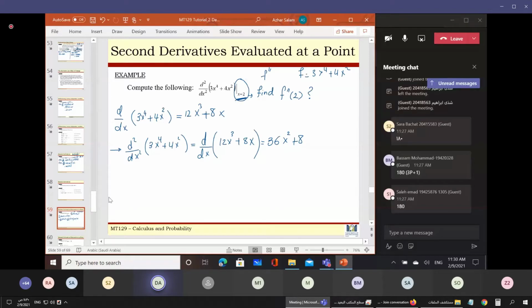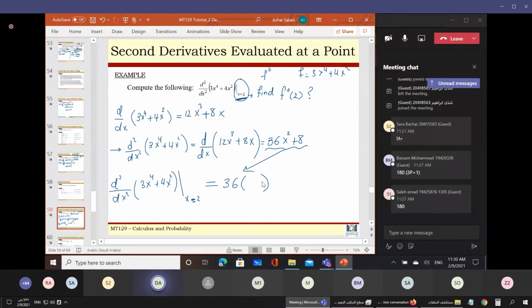Okay, now I will find d squared by dx squared of 3x to the power 4 plus 4x squared at x equals 2. It's equal to this one, the second derivative, 36 times x squared plus 8.